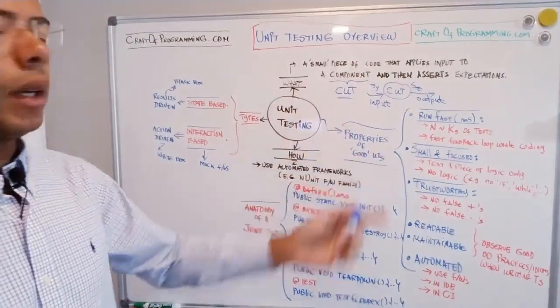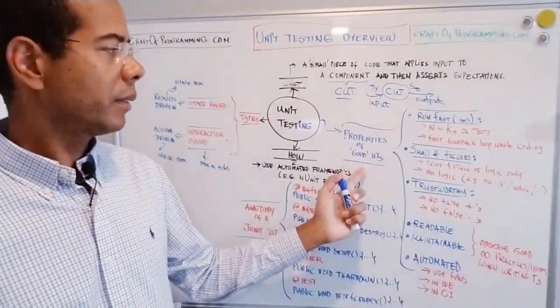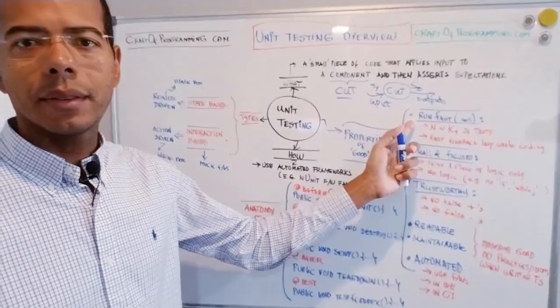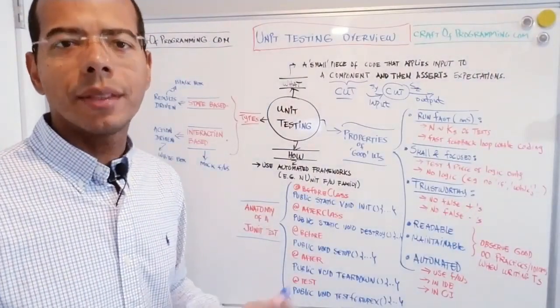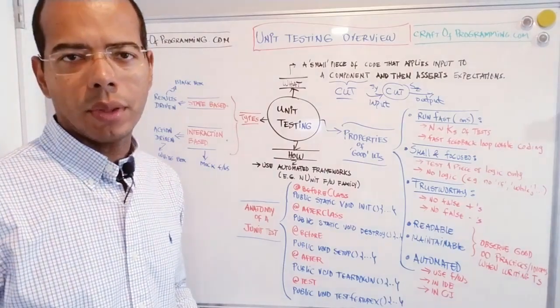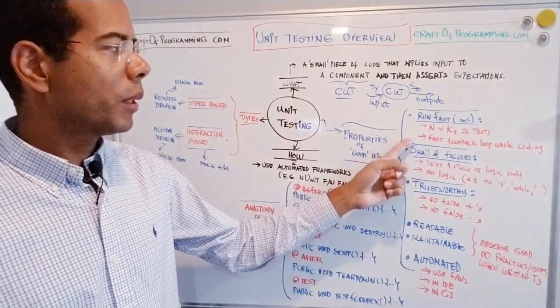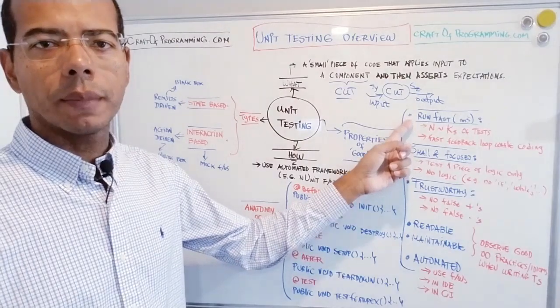So basically, the properties of good unit tests is they need to run fast, and fast typically means milliseconds. Now, why is it important that unit tests need to run fast? Well, primarily because of scale.